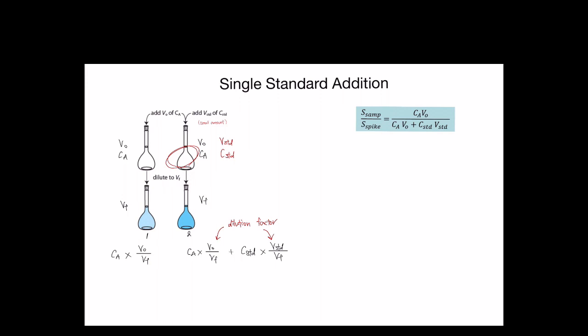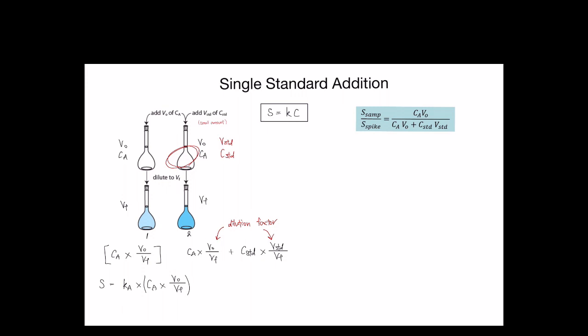Then we know this equation where the signal is equal to the constant times the concentration. Then the signal of flask 1 will be Ka multiplied by C, and the C in this case will be this equation, so Ca times V0 over Vf.